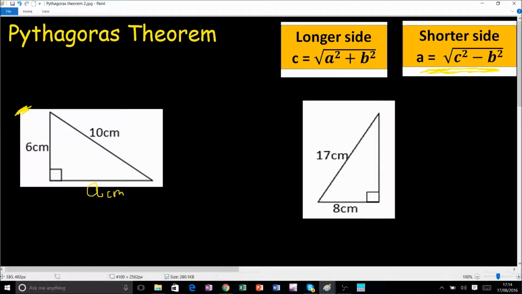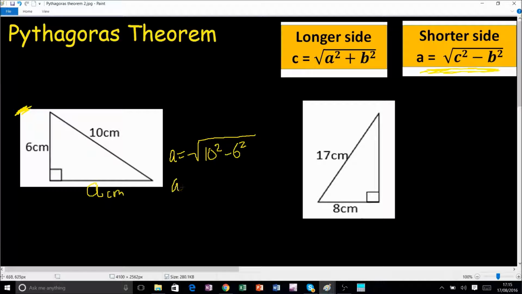So A is going to be equal to the square root of our longest side squared, which is 10 squared, take away 6 squared.